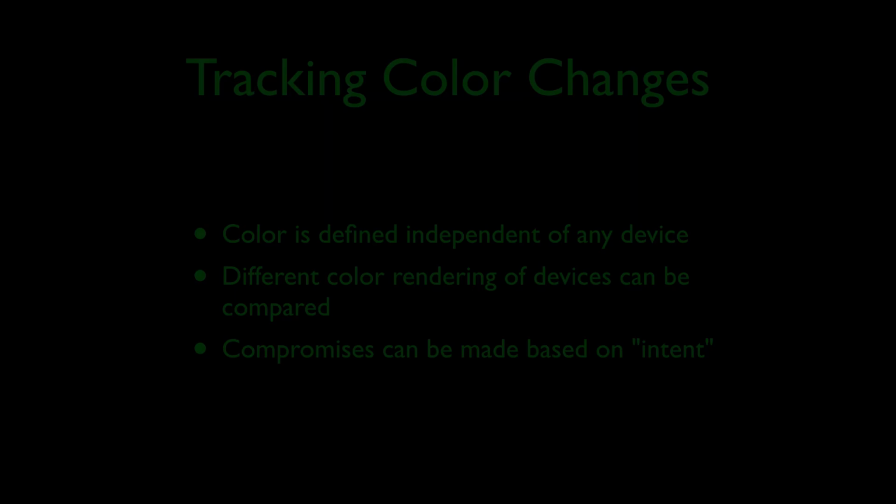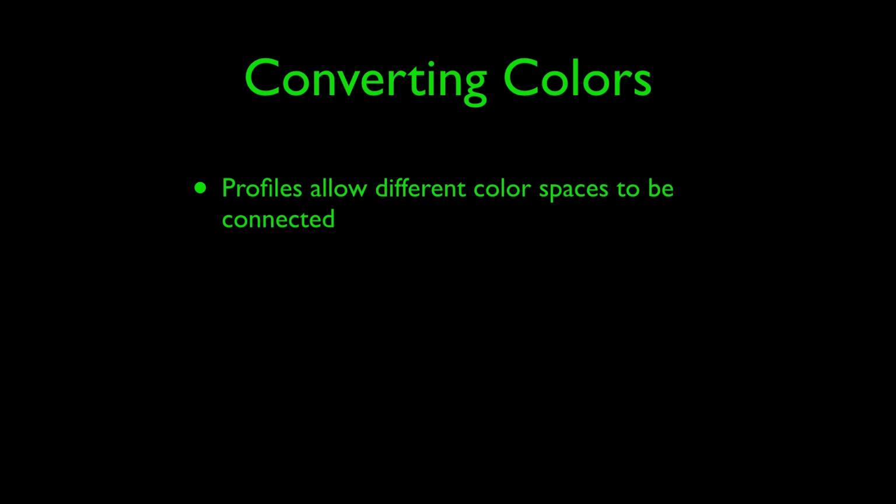It's unavoidable. While we know that color rendering will change through any conversion process that takes us from one color space to another, we still need some way to connect the colors in one space to the colors in another in a meaningful way. This is where color management profiles come in.